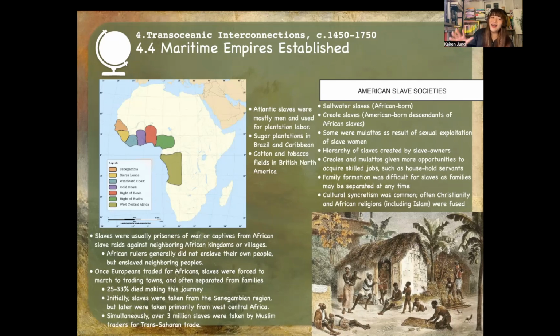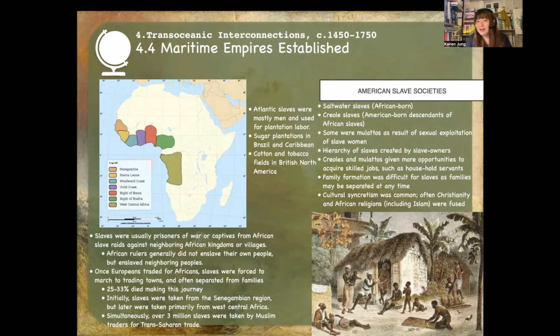And 25 to 33% of the slaves that were forced to march to trading towns died making that journey. Initially, the slaves were taken mostly from the Senegambian region, but later they were taken primarily from West Central Africa. Simultaneously, over 3 million slaves were taken by Muslim traders for the Trans-Saharan trade.